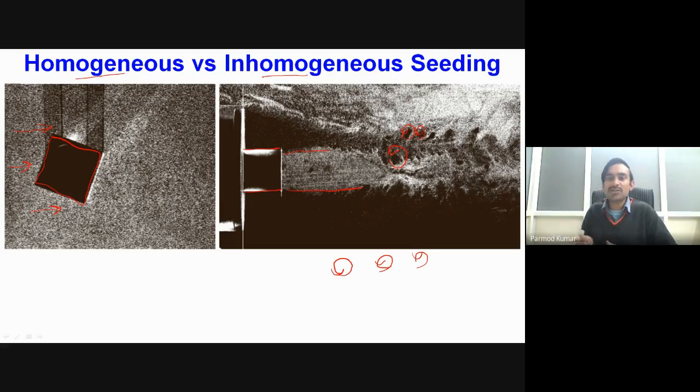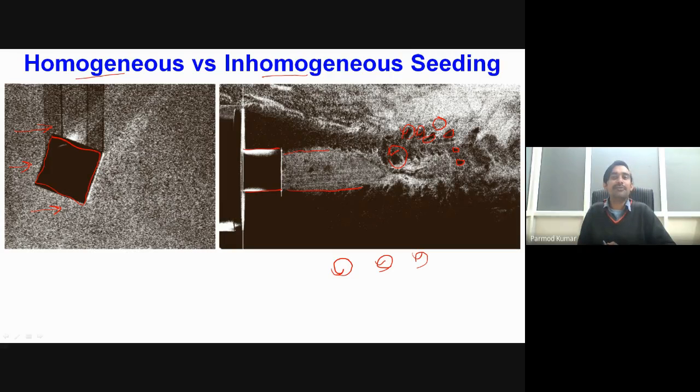Because of the circulation effect, due to the centrifugal action, particles will be moving away from the core of the rotation. So we have some patches where there is no particle inside our flow field, and certain portions where we have very densely spaced particles.